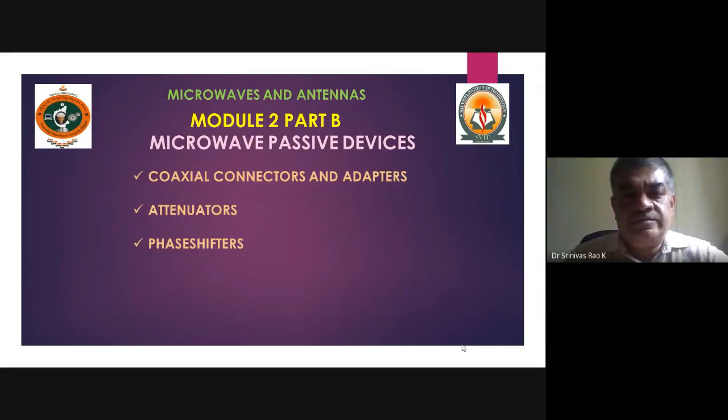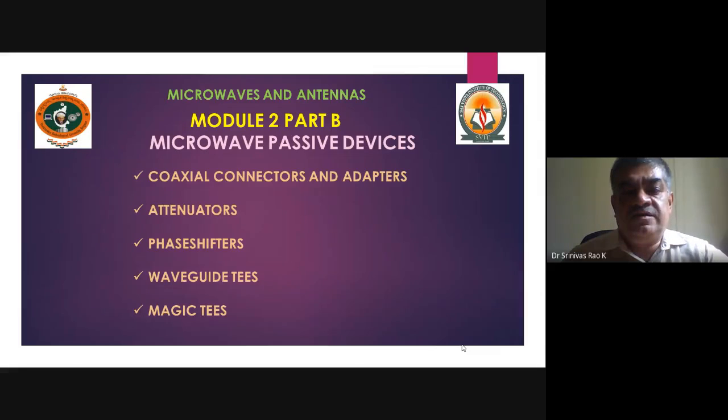I'm going strictly as per the syllabus. And then we have waveguide T's, and then we have magic T's. So all these five topics we will be covering one by one. First we see coaxial connectors and adapters, and then attenuators, and then phase shifters, waveguide T's, and magic T's.